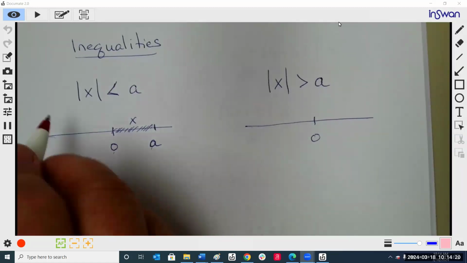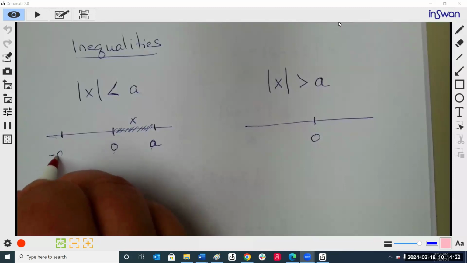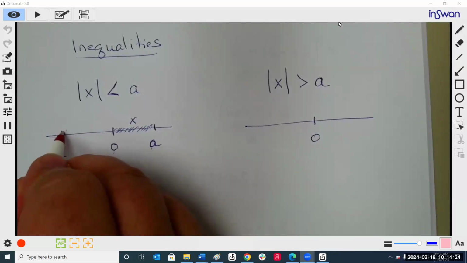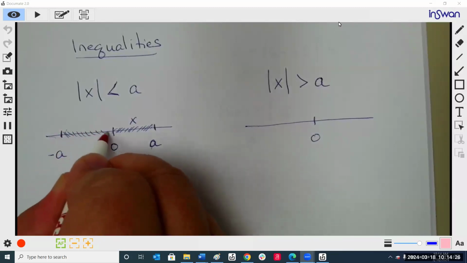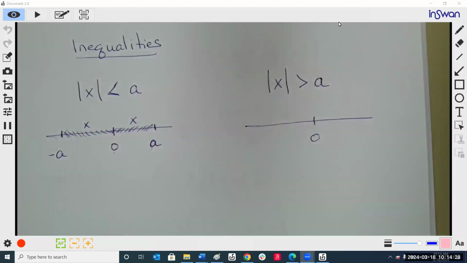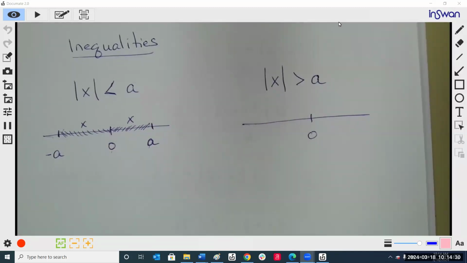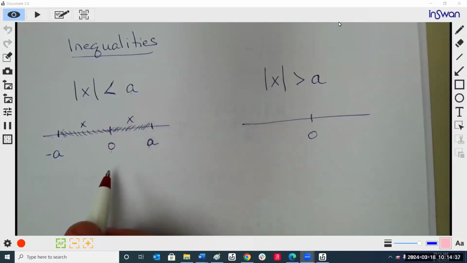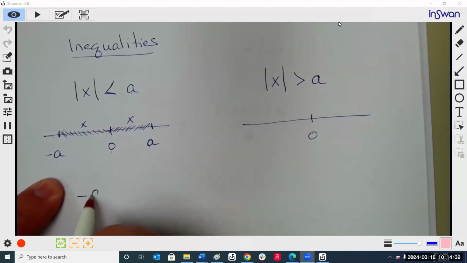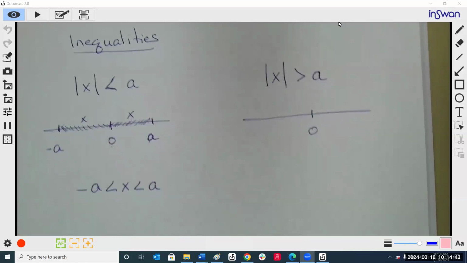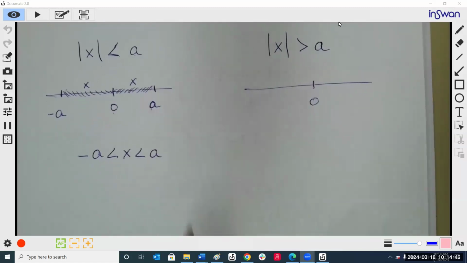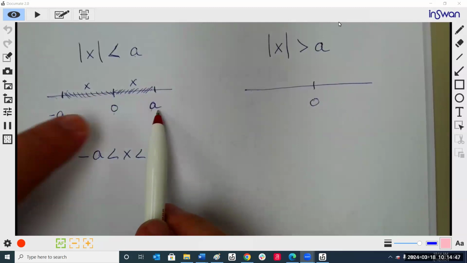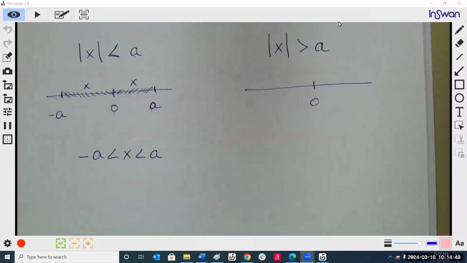Well, there also has to be a negative a. So if we have an absolute value less than a number, it actually becomes this equation, because x is bigger than negative a, but x is less than a.